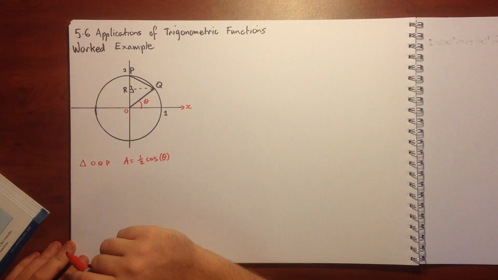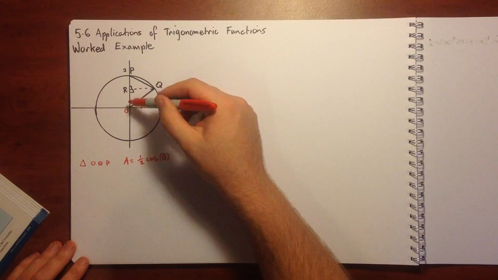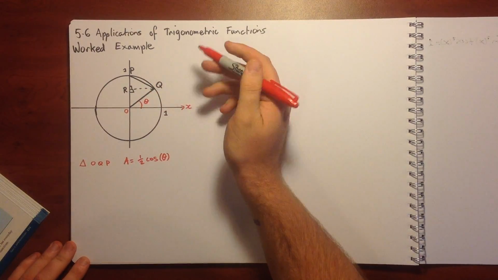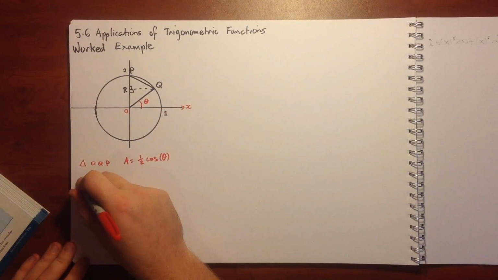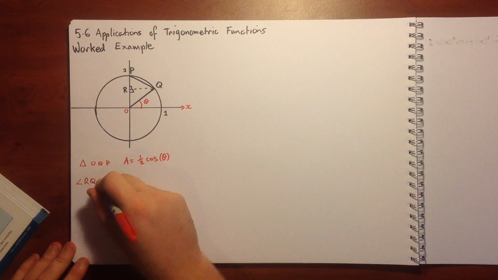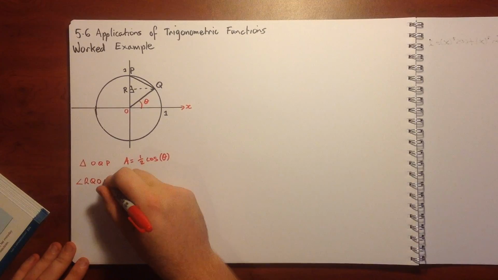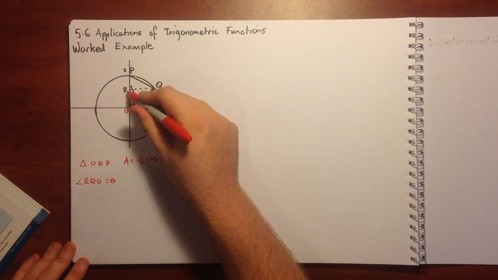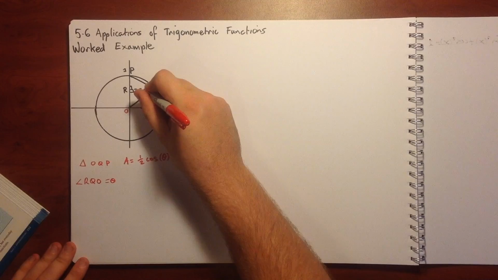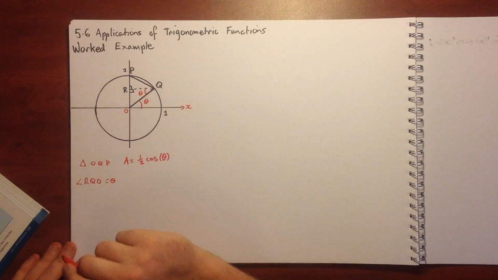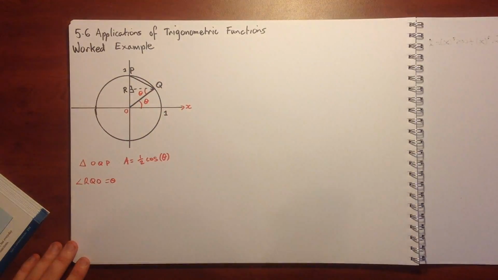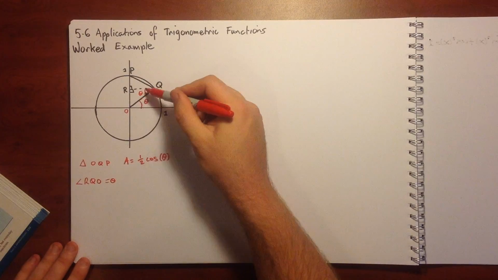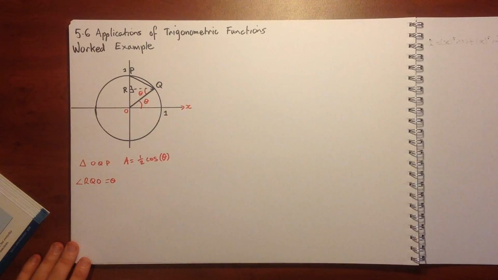So we know RQ is parallel, so this line here is parallel to our x-axis, then we can say that our angle RQO equals theta. This angle in there is also going to equal theta. That's from our parallel line work from year 10, and that's basically because it's an alternate angle, if you remember the terminology.